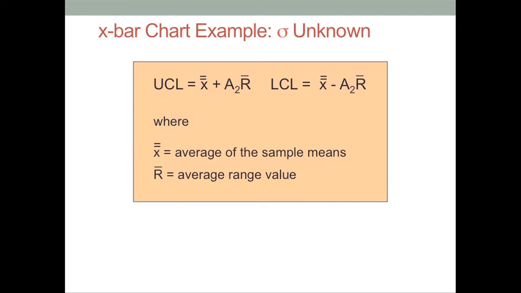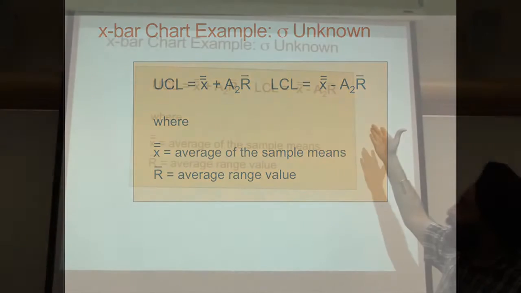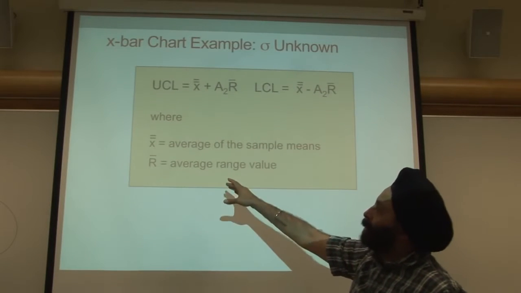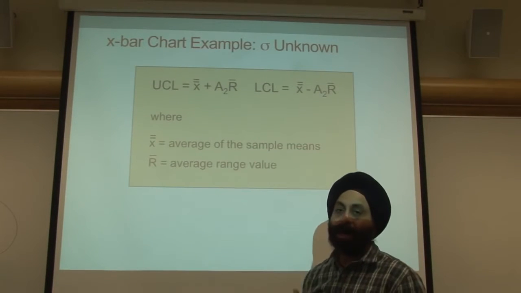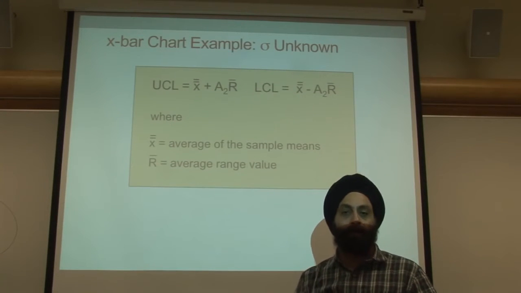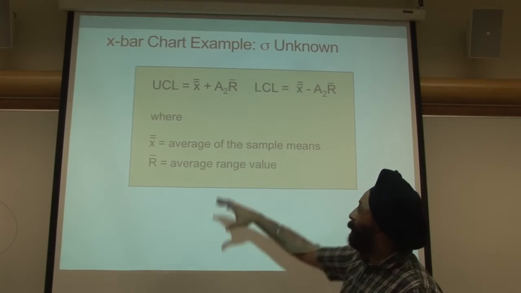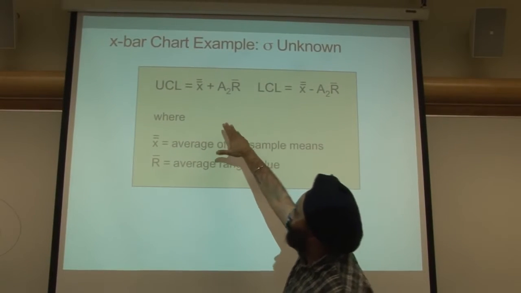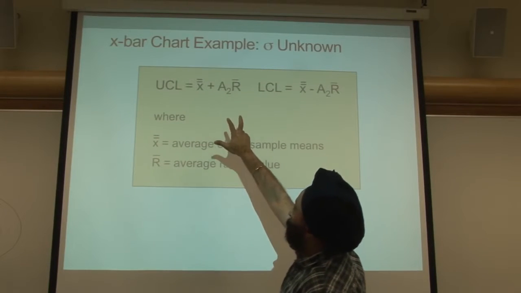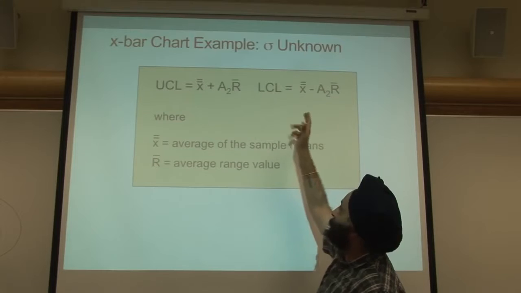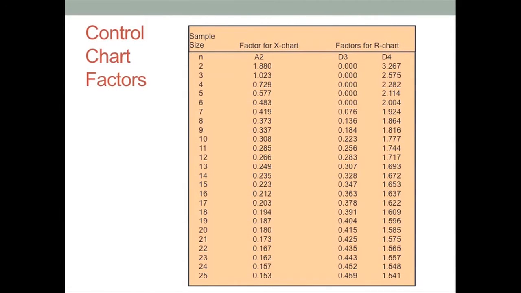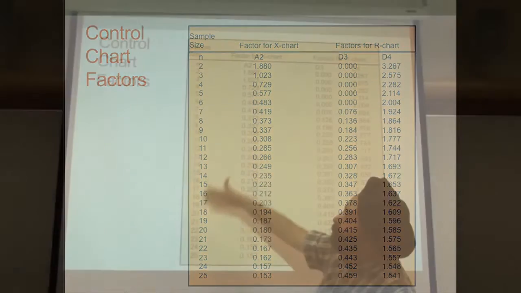X bar charts can also be created when the standard deviation is unknown. In this case, the formula requires, instead of the standard deviation, R bar, which is the average range. Range is the maximum value minus the minimum value. We use constants taken from a table, the control chart factors.